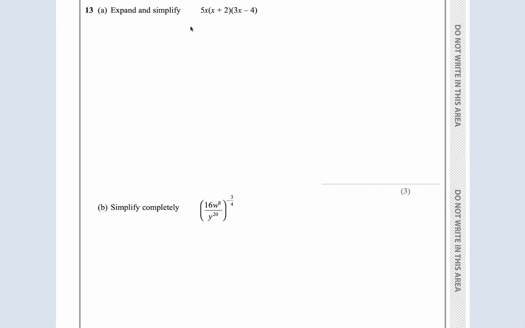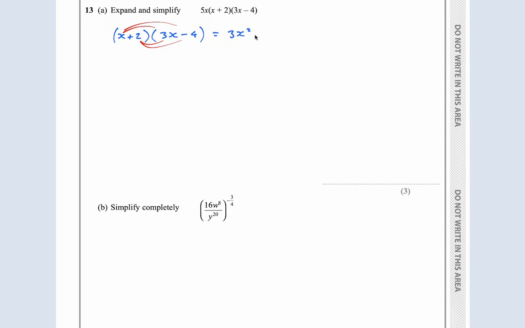Okay, expand and simplify this. Right, so these are quite familiar questions. You have to do them 2 at a time. I like to do the 2 brackets first. So x plus 2 times 3x minus 4. And we do this times this, this times this, this times this, and this times this. X times 3x is 3x squared.